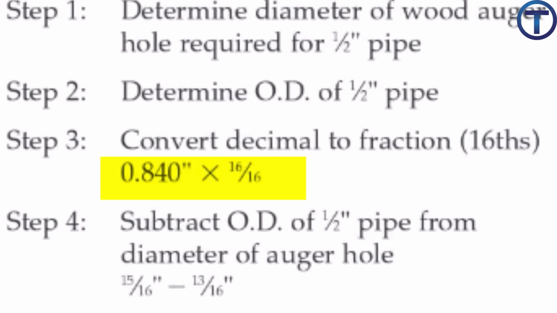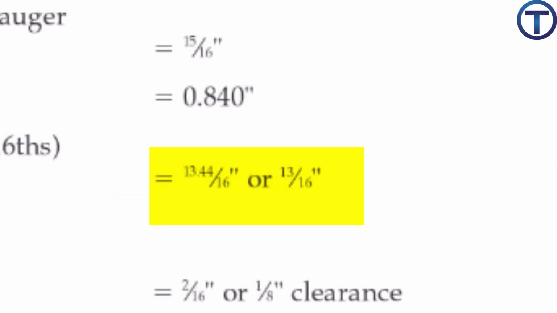Anything times 1 is the same thing, but if we change the way that 1 looks, we can say 16/16. 16/16 is 1 whole, but we multiply 0.84 by 16/16, and we're going to get 13.44/16. At this point, we're just going to round. Let's say, well, close enough. We'll just call it 13/16 is going to be the outside diameter of the pipe.